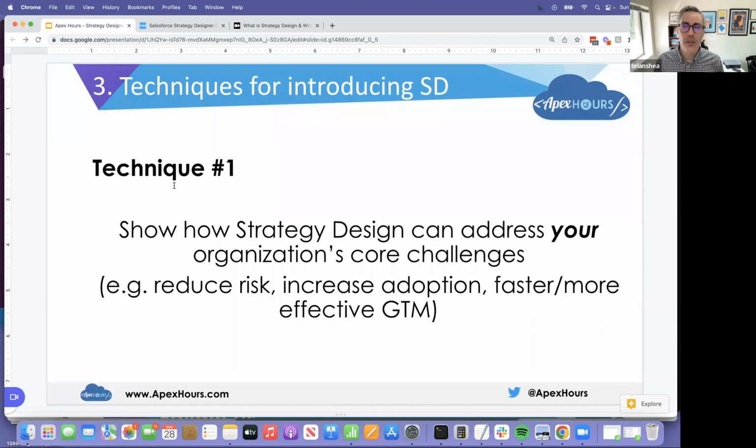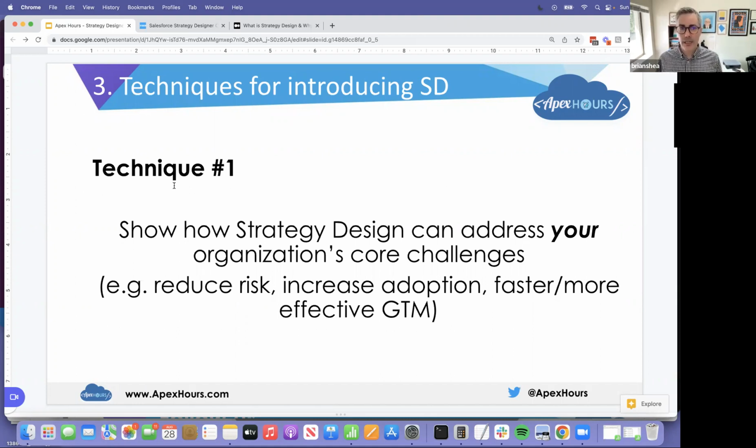And all these techniques are coming from the perspective of somebody who's working on a Salesforce team, and somebody who probably doesn't have the mandate to make major boil-the-ocean types of changes, and needs to make change gradually, get buy-in from various people.